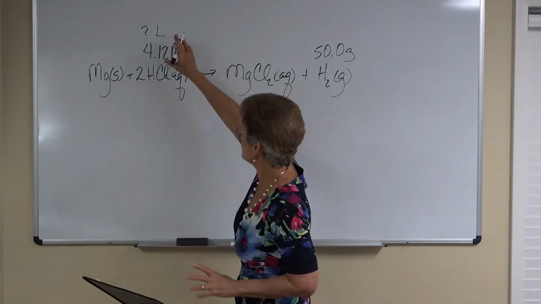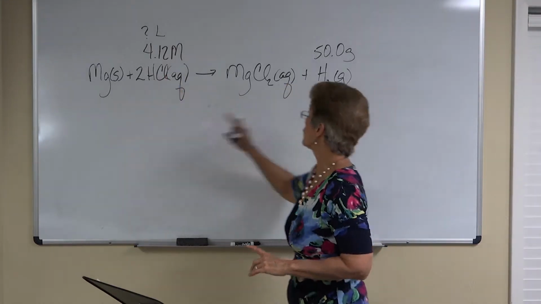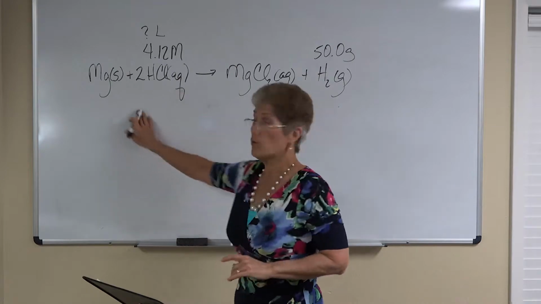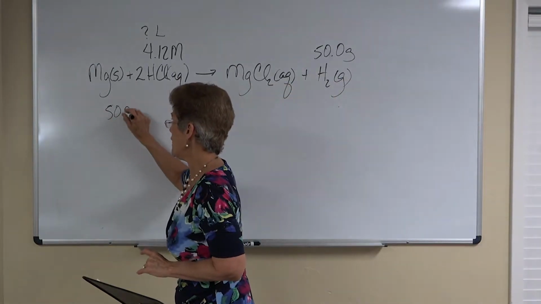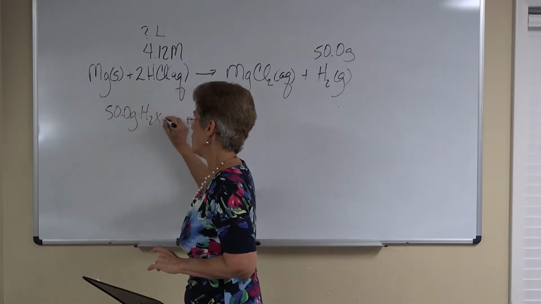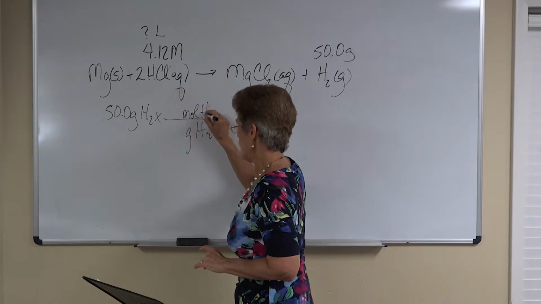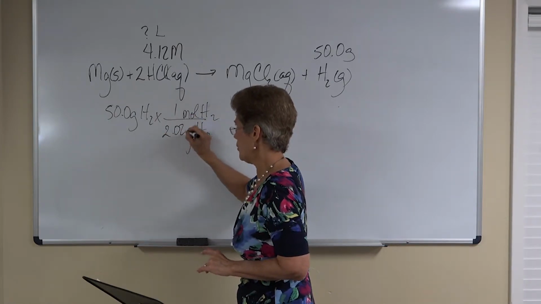Okay, so now we have our question mark. We have our information written in. Notice we have a question mark over here, so we have to start here because we don't have a question mark here. And I know I'm going to have to go through the moles, so I'm going to take this to the moles. So we go 50 grams of H2 times line, grams of H2, moles of H2, it's 2 times 1, and this is 2.02.